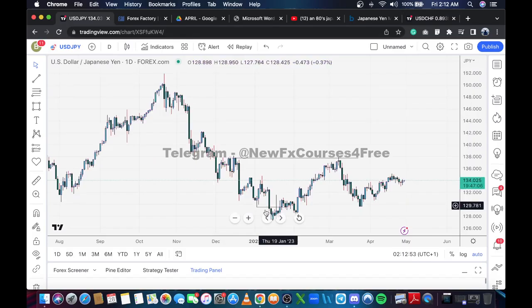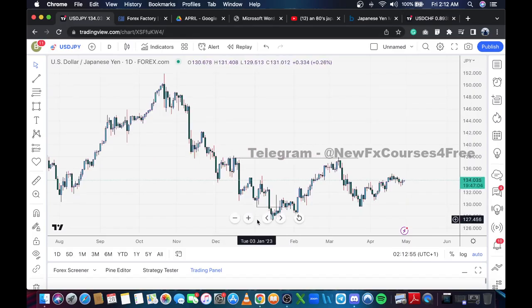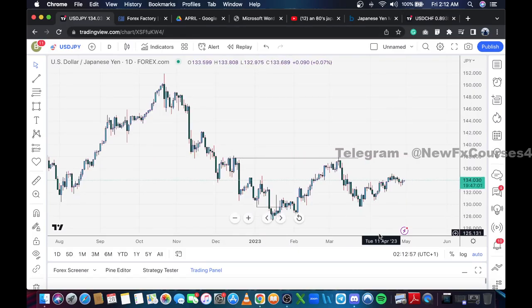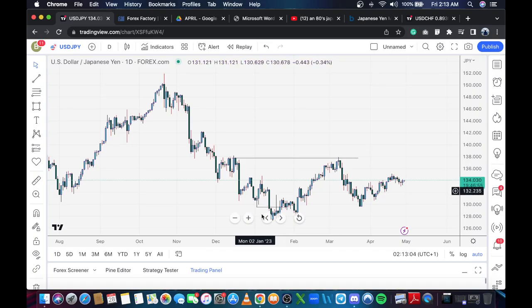And what I have here is a chart of USD JPY or dollar yen. And you would see that compared to dollar, which has been stuck in the range since the start of the year.